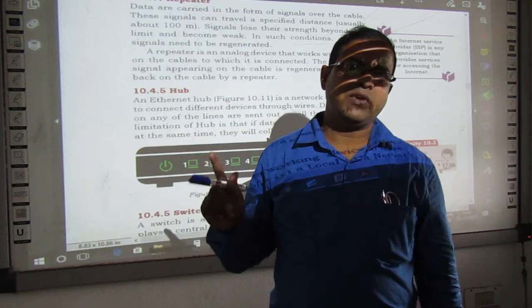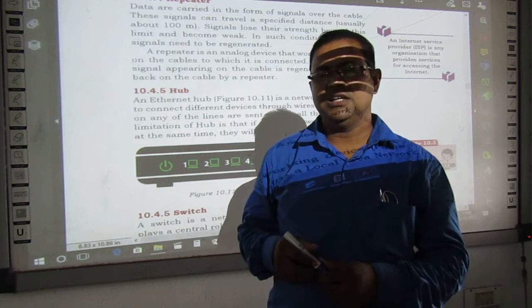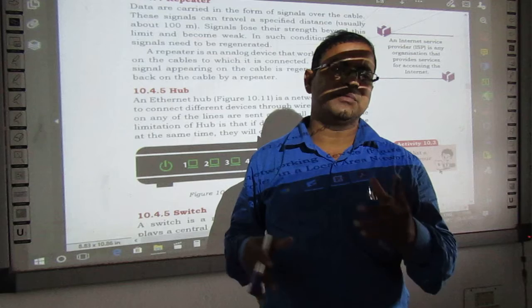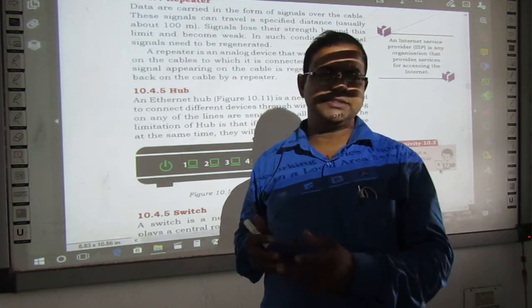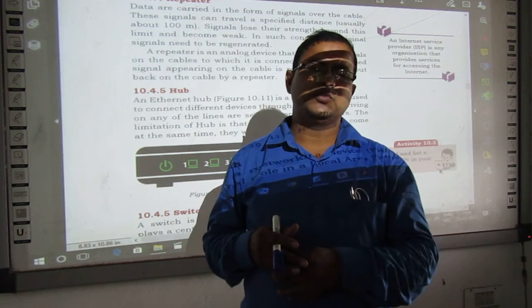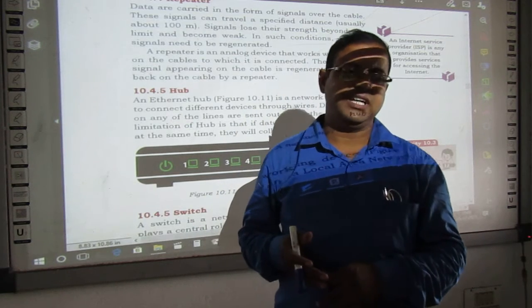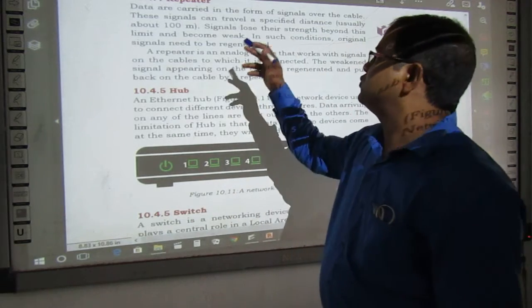If I connect one building to another by a LAN cable, the internet speed becomes less, because as the wire length increases, it reduces the performance. So to eradicate that problem, we can use the repeater.